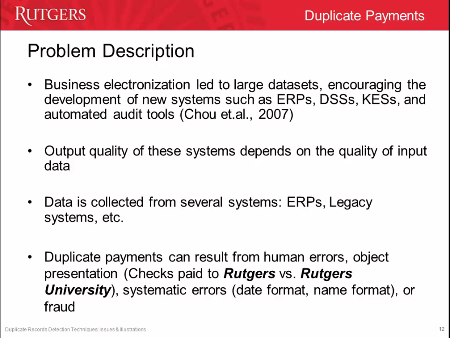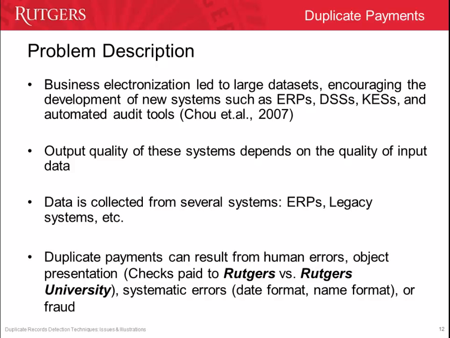So duplicate payments can result from several types of errors or problems. For example, they can be caused by simple human errors, like a typing mistake. You would add a 0 at the end. They could also be the result of object representation.